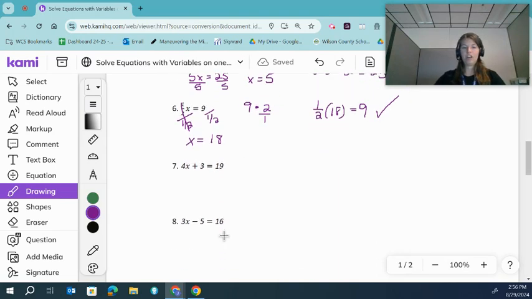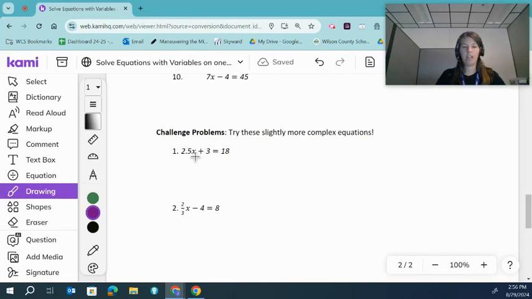Okay? And there are 2 more for you to try on your own, two-step equations right there. Okay, 2.5x plus 3 equals 18. We are using the same process here. I do my addition and subtraction first, so I'm going to subtract 3 from both sides. I get 2.5x equals 15. Okay, 2.5x is still multiplication, so I'm dividing by 2.5 on both sides.